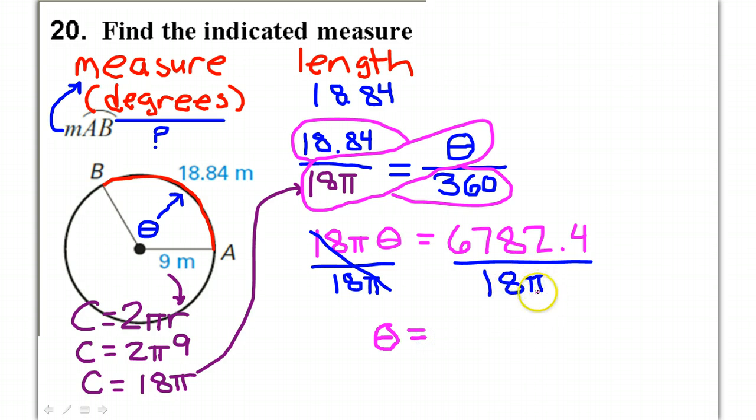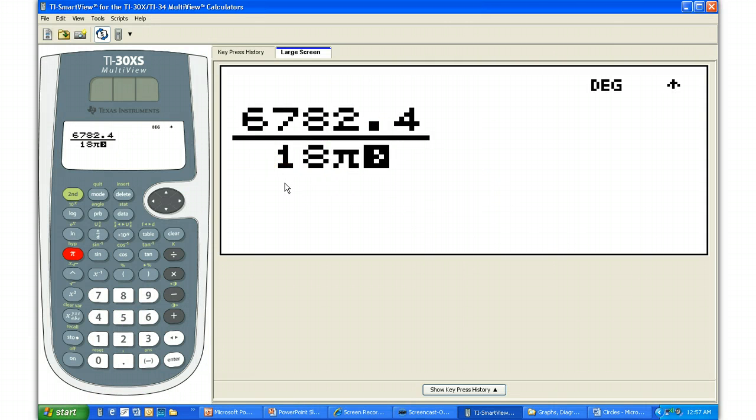Now again, this would be a bad time to leave pi as part of your answer. We've already got a decimal up here, so let's just deal with it. Let's put this in the calculator, get a decimal, and be done with it. Okay, so I've got 6,782.4 over 18 pi.